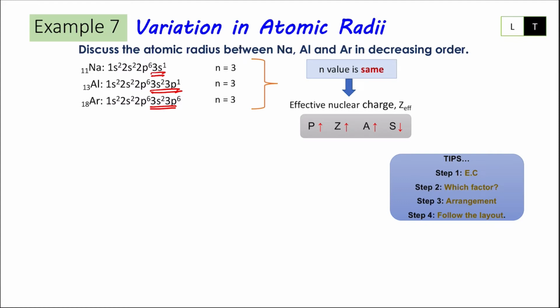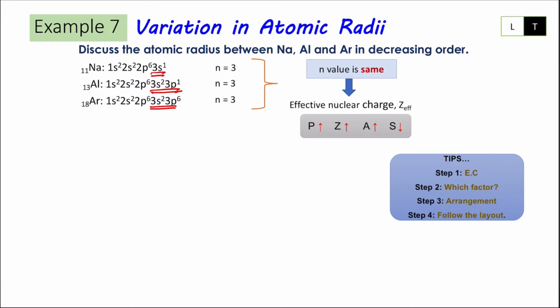So here, you all should know that sekiranya n value different, macam example 6, faktor dia adalah shielding effect, kita guna NSAS. Kalau this example 7, n value is just the same, so faktor dia adalah effective nuclear charge, the layout will be based on acronym PISAS.